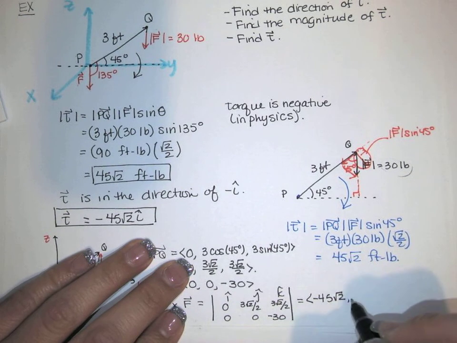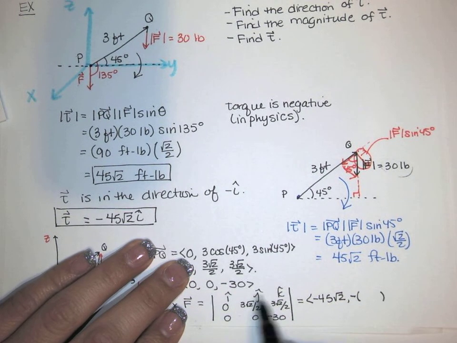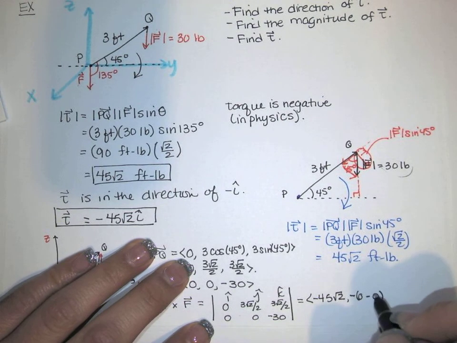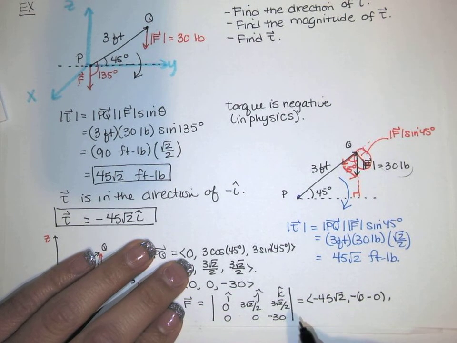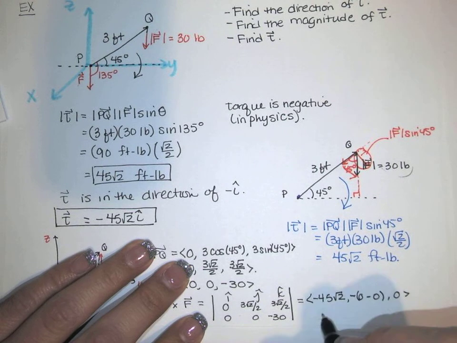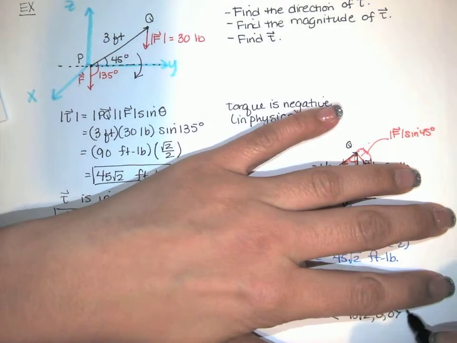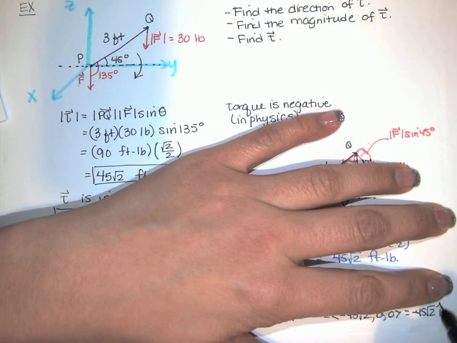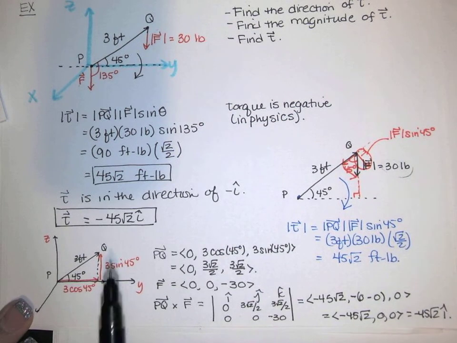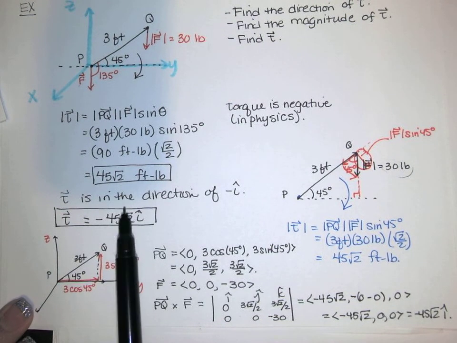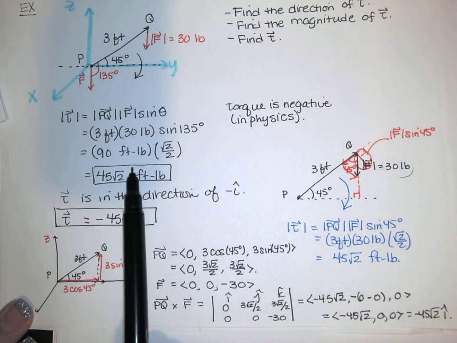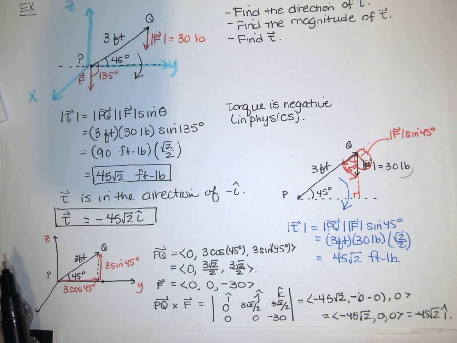And then we're subtracting what we get when we cross out the row and column containing j hat, but that's just 0 minus 0. So we get 0 for the y component. And then for k hat, for the third component or the z component, cross out the row and column containing k hat, we get 0 minus 0 as well. So we just end up with negative 45 times the square root of 2, 0, 0, or negative 45 root 2 times i hat, which is exactly the same thing that we came up with by using the magnitude formula, and then the direction given by the right-hand rule.